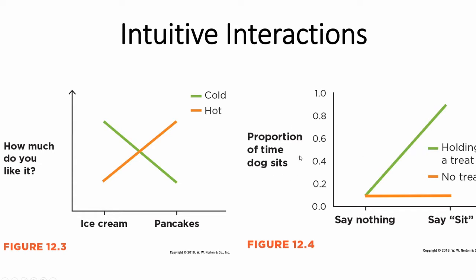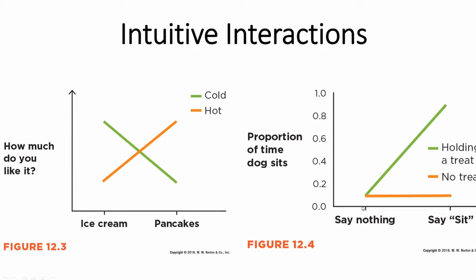And we can use another example where we're looking at the proportion of time a dog sits. So the author is talking about their own rather stubborn dog who will sit only some of the time, and we can look at the conditions in which they will sit. So here you have the condition where you say nothing versus when you actually tell the dog to sit.